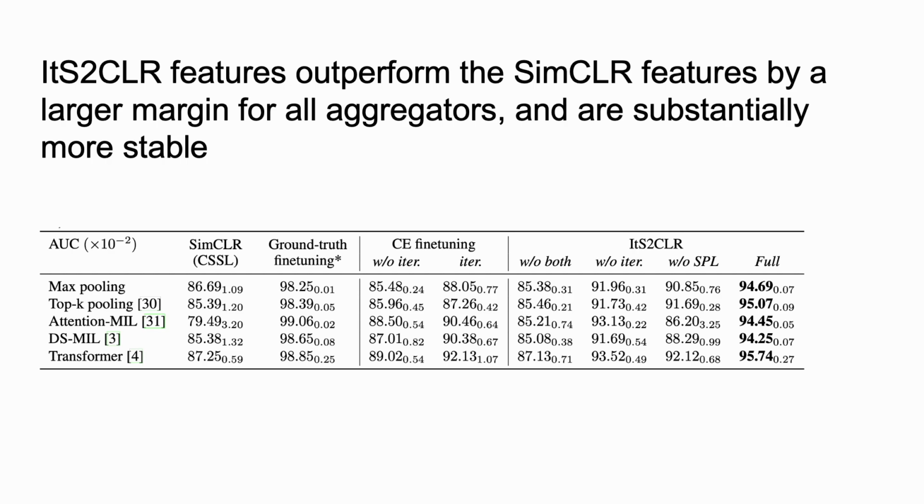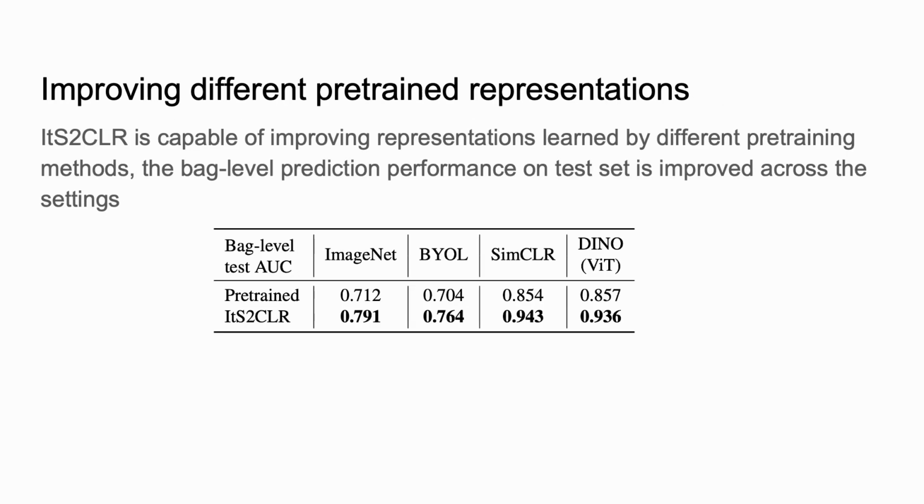We also evaluate the compatibility of our model with different multiple instance learning aggregators. The table shows that the representation learned by our framework consistently performs better than SSL pre-trained representations when applying different aggregators in the downstream tasks. Besides comparing different aggregators, we also evaluate how well our framework generalizes on different pre-trained weights.